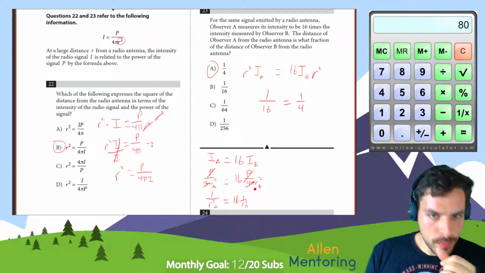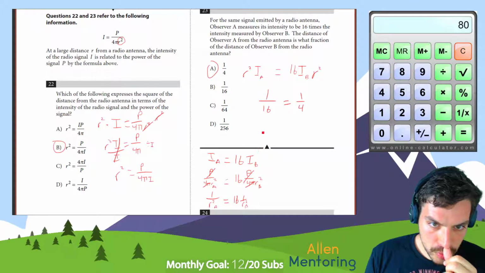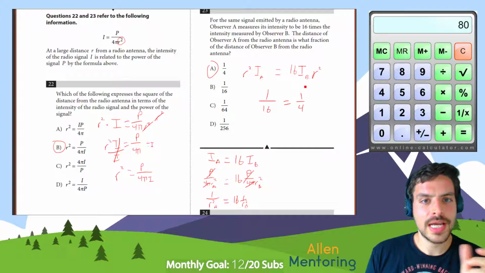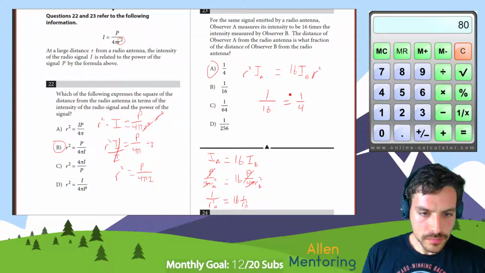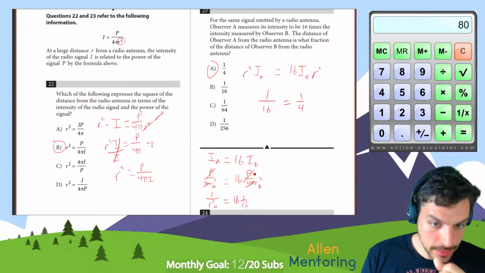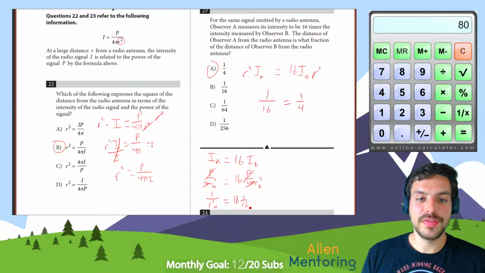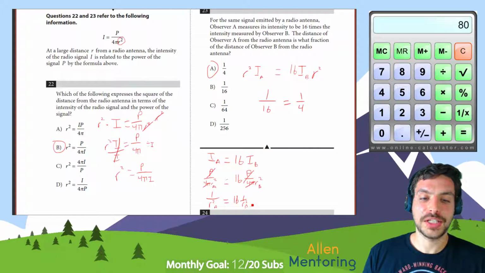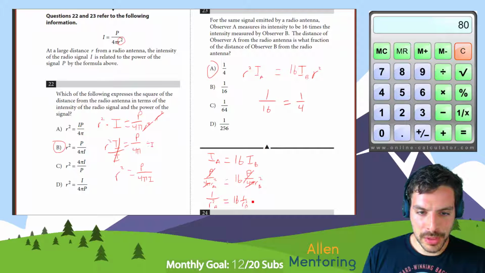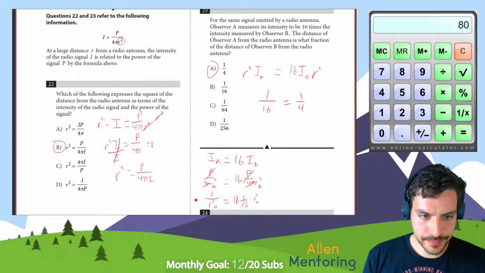So that's kind of what I meant when I wrote this out, but it might have not been clear. And so now, lastly, right, we want to get rid of these fractions. So what we can do is we can multiply RB squared on both sides here.